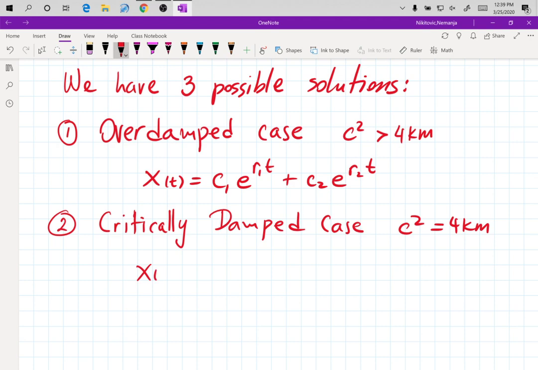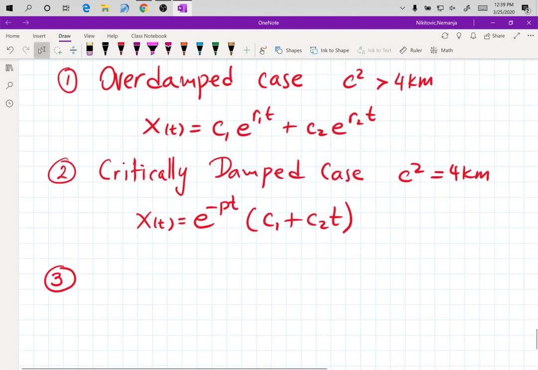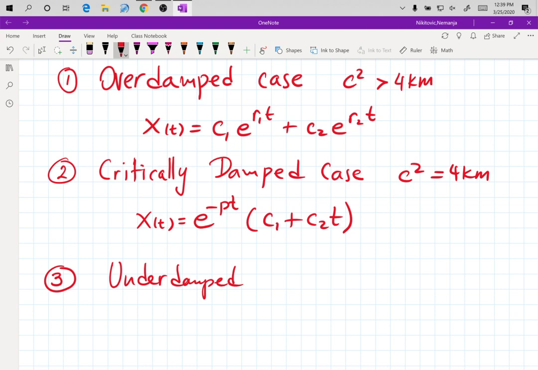So x of t is going to be e to the negative, now we use pt because we are in our mode for physics. And the third case is the underdamped case, where c squared is less than 4km.